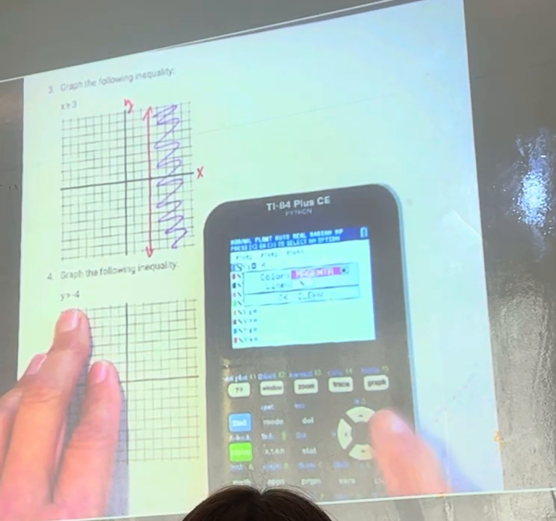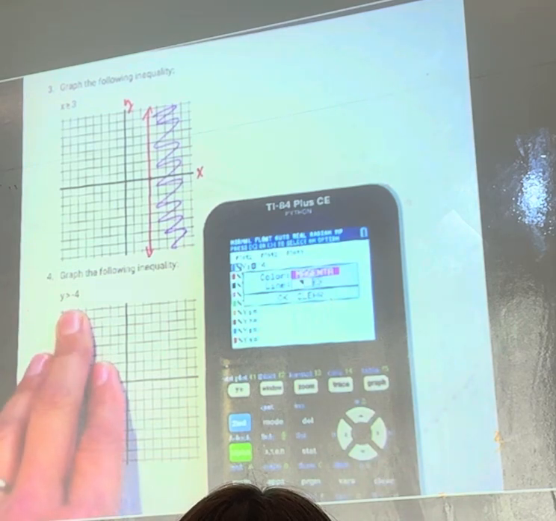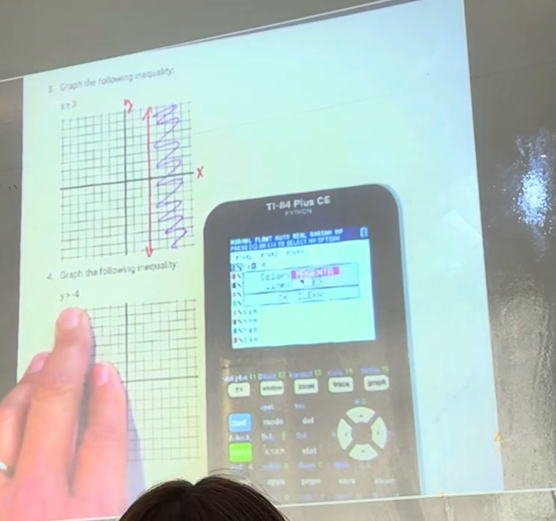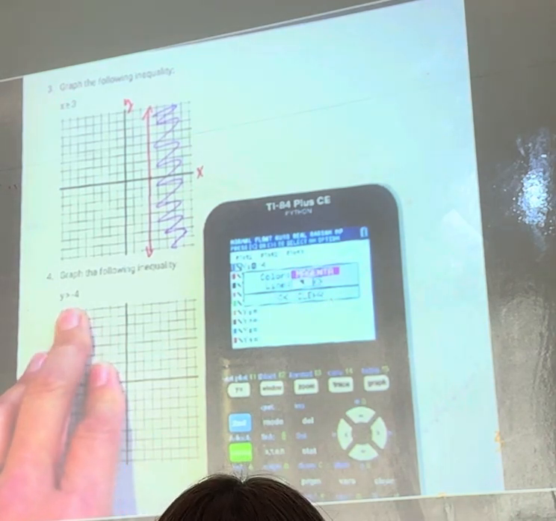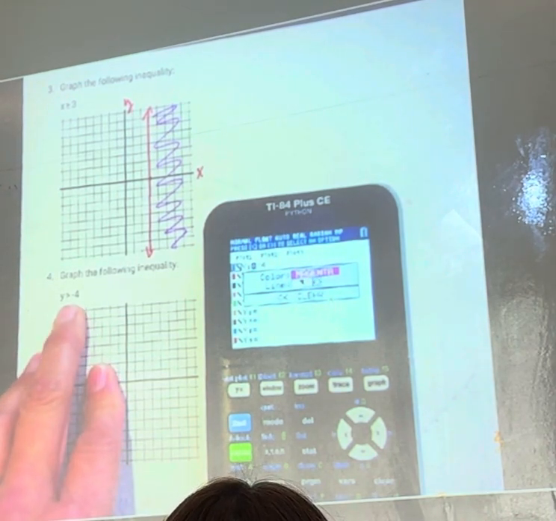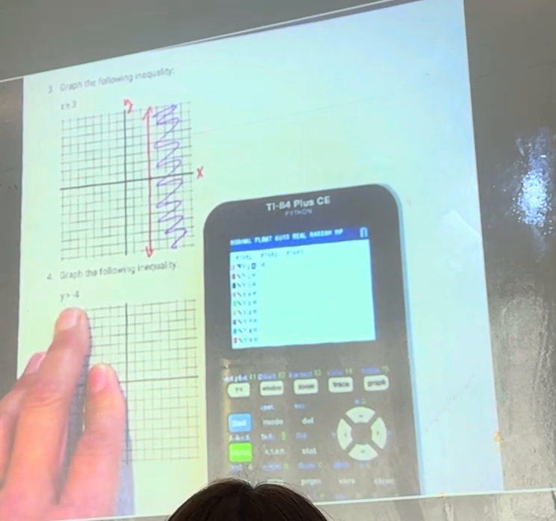Purple is my favorite color. And then you can change the line, and this is where the shading is. Greater is going to be a triangle above, less than is a triangle below. This is going to be greater. And then you have to press OK, otherwise it won't take your change.